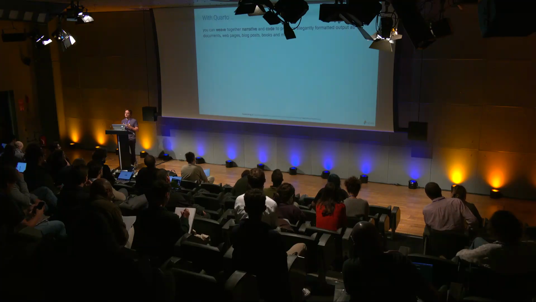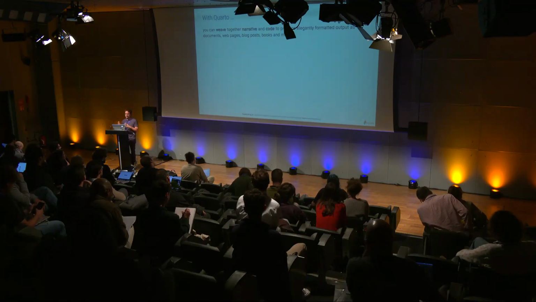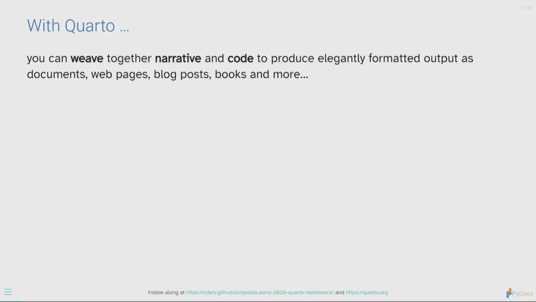using this layer. And so with Quarto, you can mix together some narrative and some code that are meant to be executed to produce some formatted output, depending on your audience. Could be visual formatting, single documents, PDF, Word document, HTML document, single web page, but it could be also websites, a website with blog posts that you want to publish regularly, some books, HTML books, or books to be published, and other types of formats.